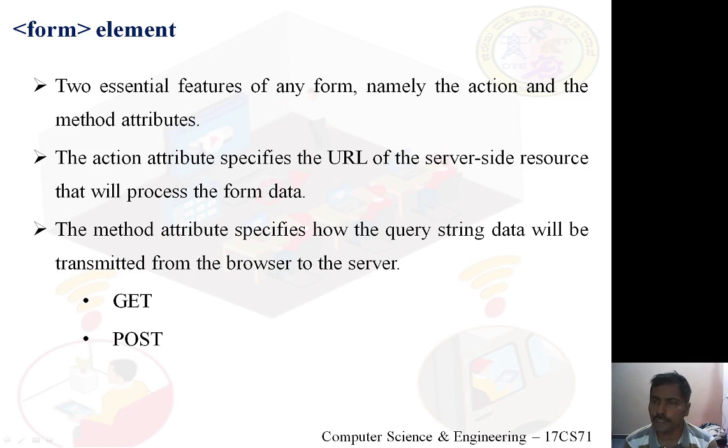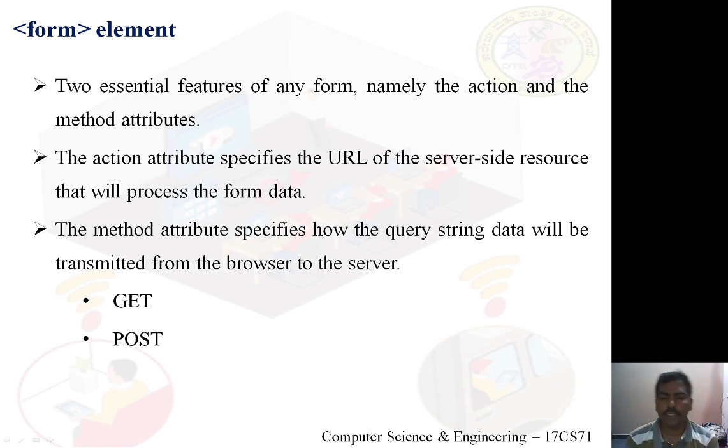Similarly, in the form element the action attribute specifies the server side resource that should process the form data. So action in a form specifies the server side resource, the server side script, that is going to process the form data sent through the query string. Clear?